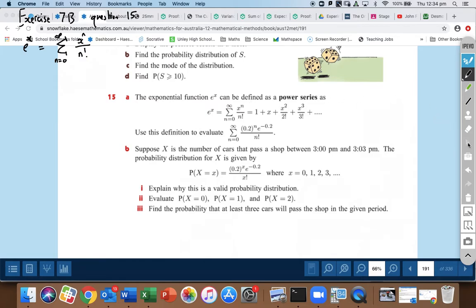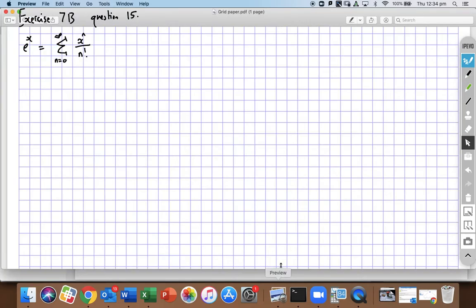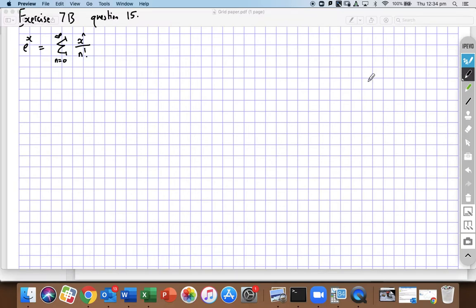Okay? So let's have a look at that. This is the whole thing here. E to the power of x equals the sum of n equals 0 through to infinity. Now those n values, they're whole numbers, right?